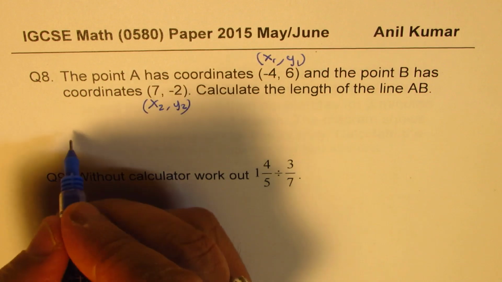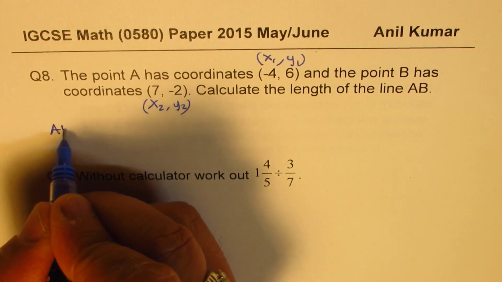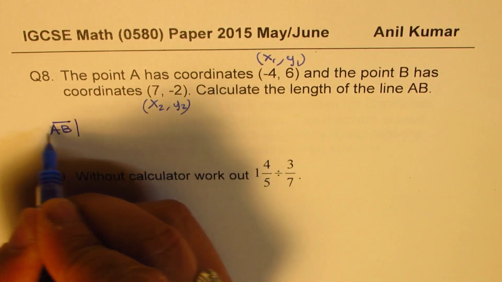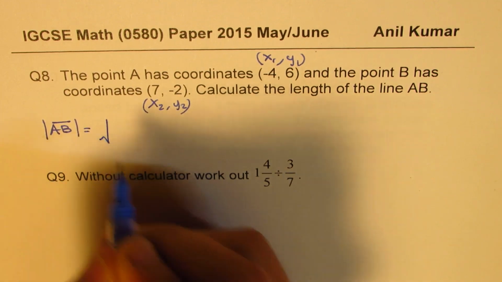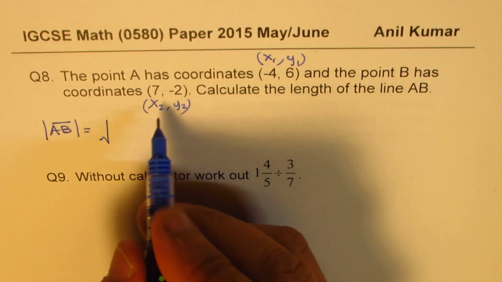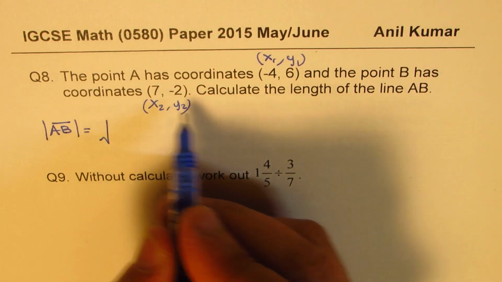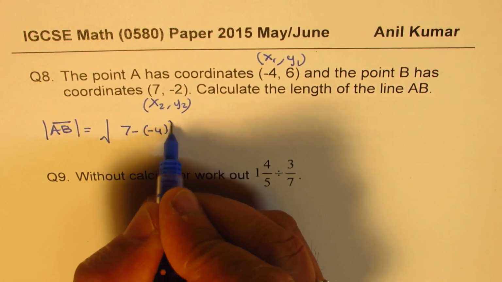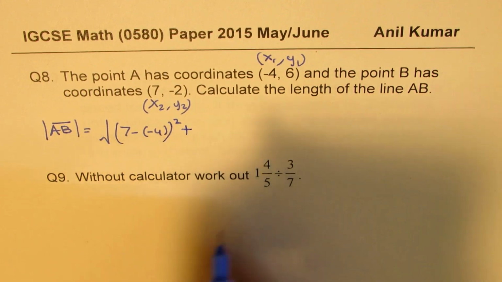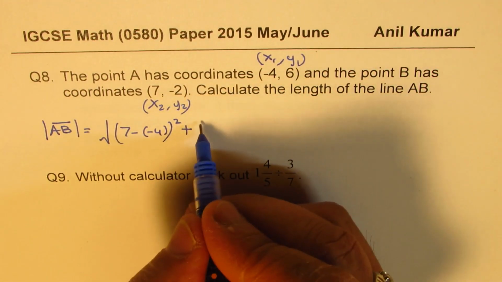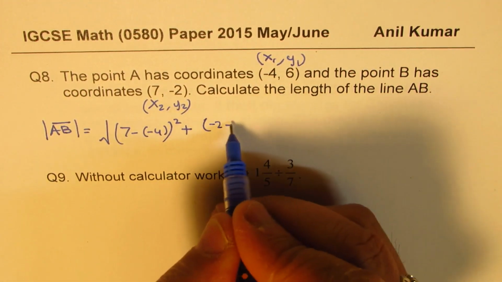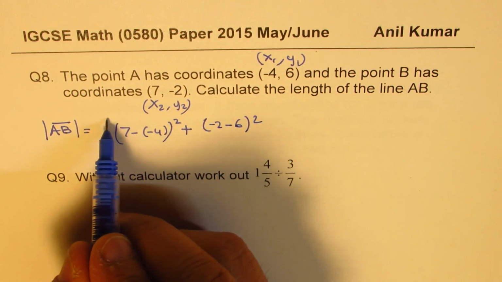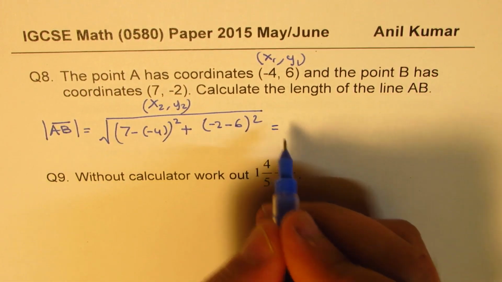So the distance AB will always take the absolute distance between the 2 points, will be the square root of x2 minus x1, so which is 7 minus minus 4 whole square, plus y2 minus y1, which is minus 2 minus 6 whole square, square root, correct?